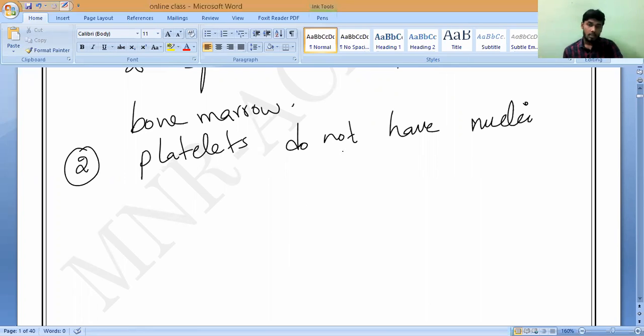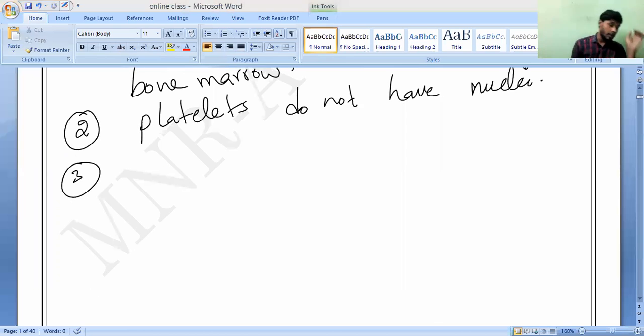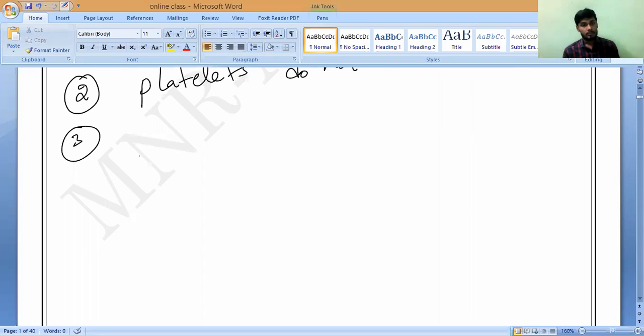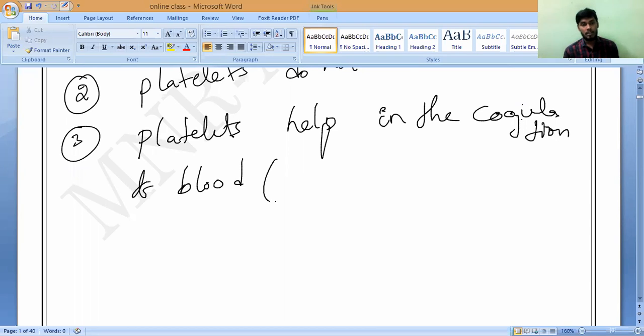Right. Third point. What is the function of platelets? They will help in the coagulation of blood. What is the meaning of coagulation?